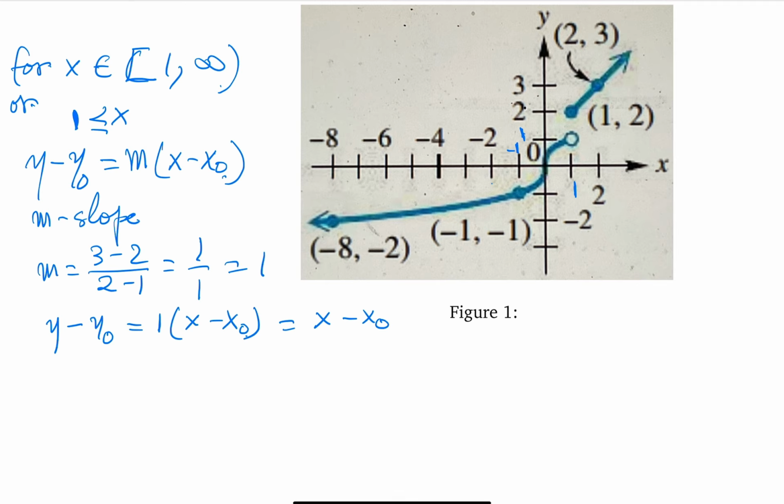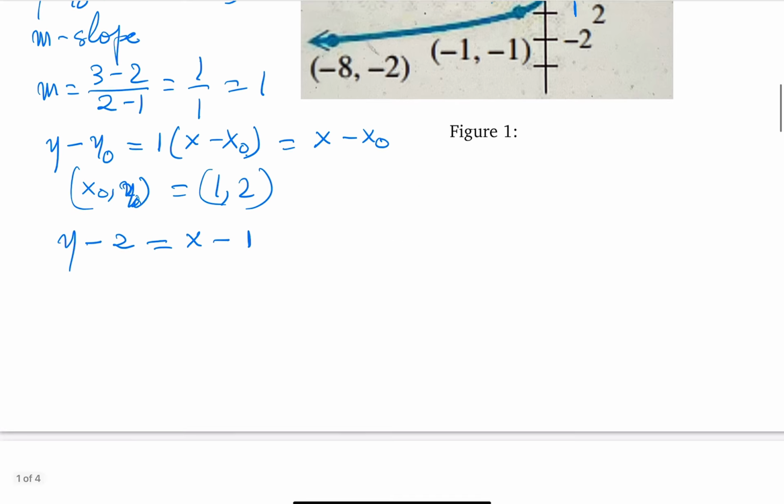You can choose x naught and y naught to be 1 and 2. So you will have y minus 2 is equal to x minus 1, and that's it. Now you can move this one out. You have y is equal to x minus 1 plus 2, and then y is equal to x plus 1.